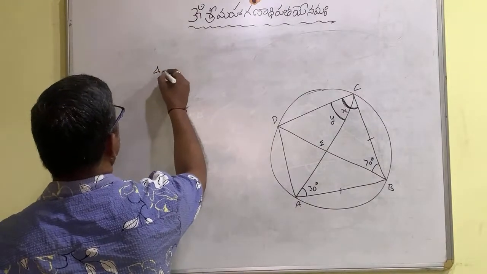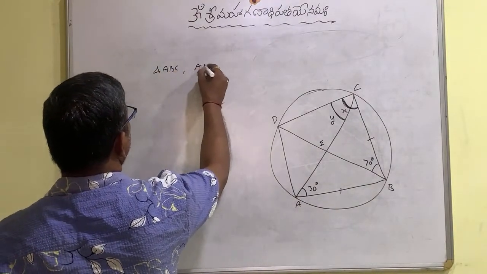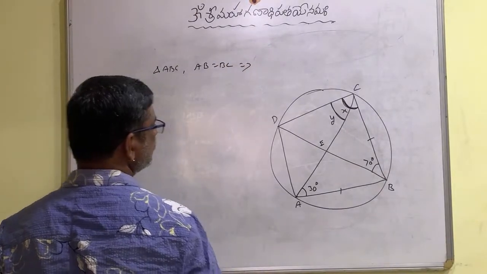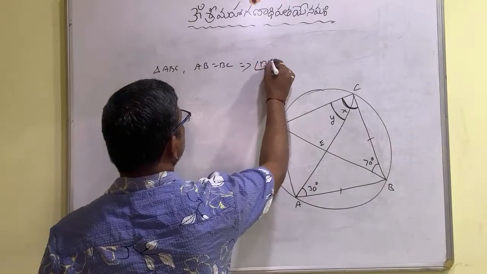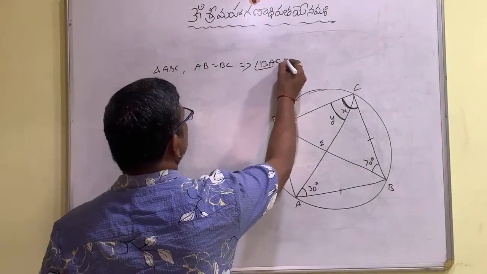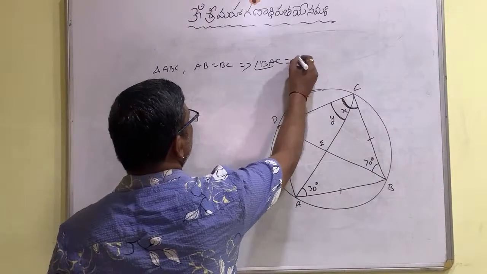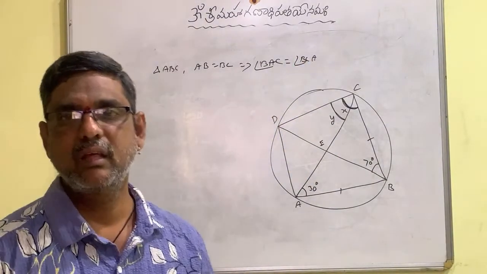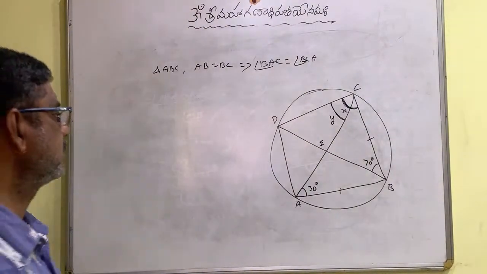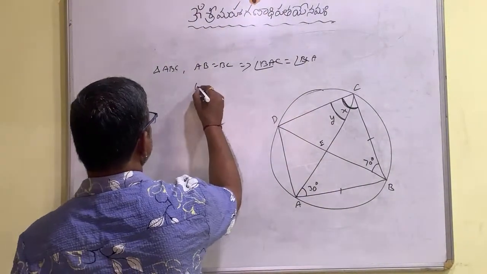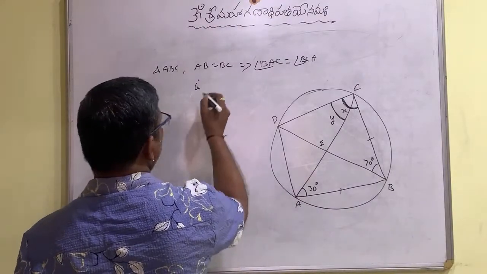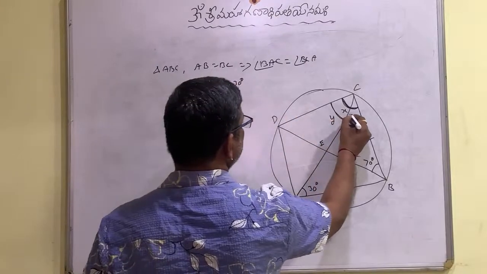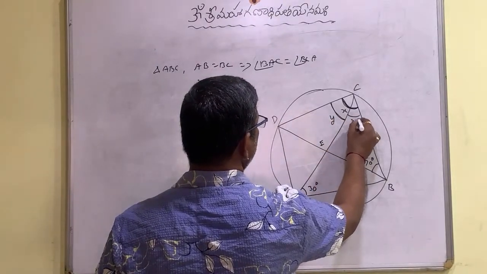In triangle ABC, AB equal to BC, which implies angle BAC is equal to angle BCA. That is, angle BCA is 30 degrees. Means this one is 30 degrees.